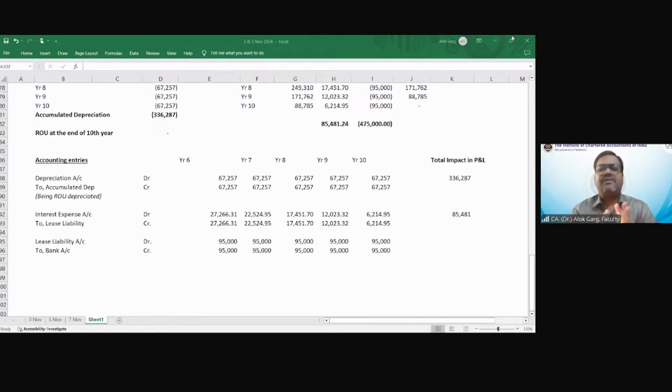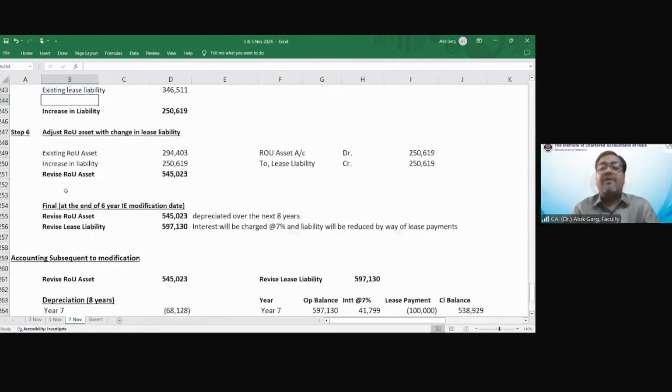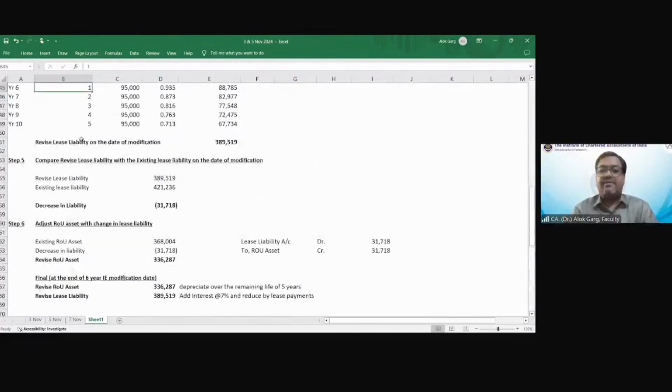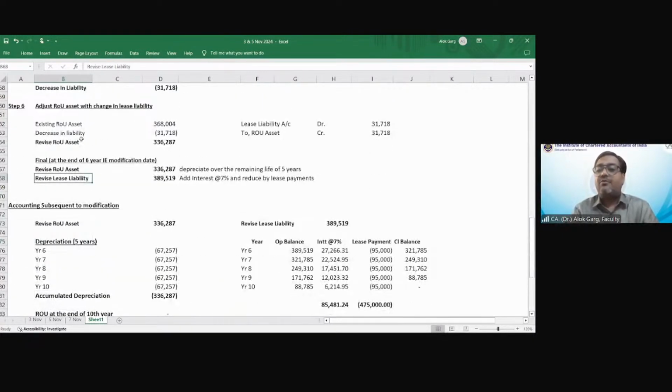A lot of illustrations we have solved. And every time, whatever is given in the question, we are solving beyond that. For example, as per the request of Anu, I have solved illustration number 34, which was not required in the question, accounting subsequent to modification. So on the request of another student, and just to clarify more, I have again solved the accounting subsequent to modification.